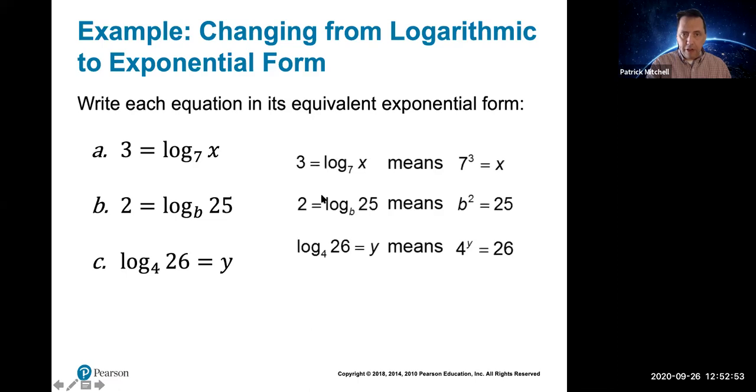That means the exponential equation is b to the second equals 25. And then finally, we have log base 4 of 26 equals y. What is the base? The base is 4. What is the logarithm? An exponent, and this logarithm is y, so the exponent is y, and that means the equivalent exponential equation is 4 to the y equals 26. Pretty easy, right?